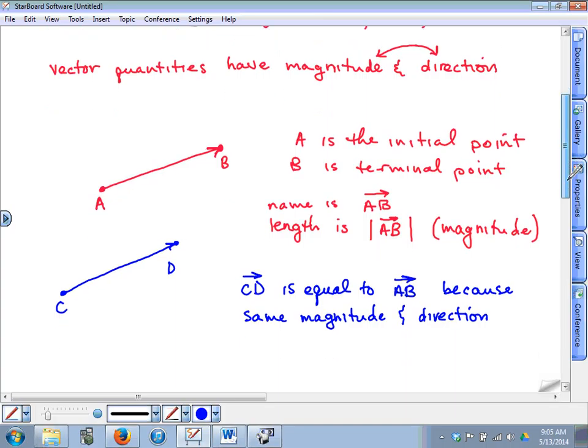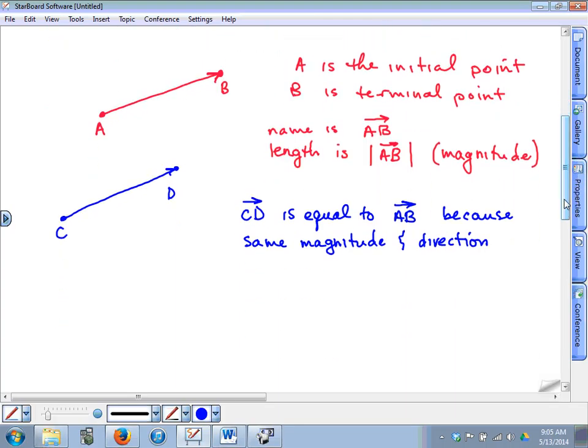Now, just quickly to wrap this up, to add vectors. Let's finish with this and we'll pick it up next time. Add vectors in space. That just means there's no graph here. They're just on a plane with no coordinate system.